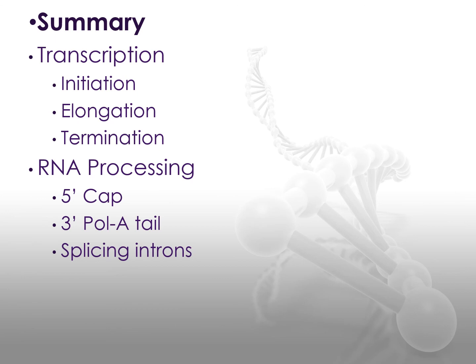Remember, RNA processing, in eukaryotes at least, involves the addition of the 5' cap and the 3' poly A tail and the splicing of introns. And remember, this RNA processing only occurs in eukaryotic cells, not prokaryotic cells. And then alternative splicing: we've got the splicing of the introns, but what is the purpose and function of alternative splicing, and how is it significant?